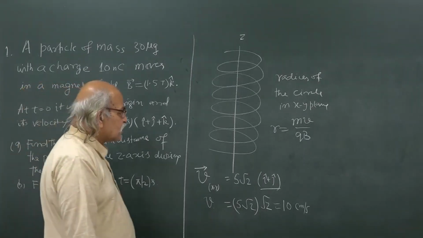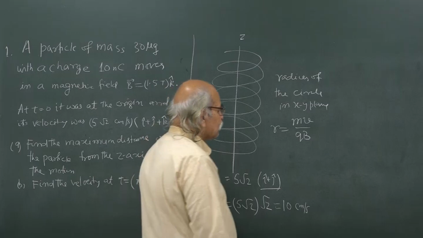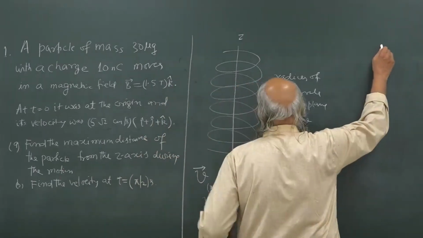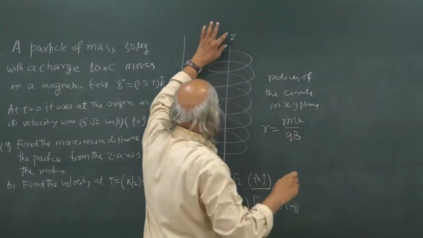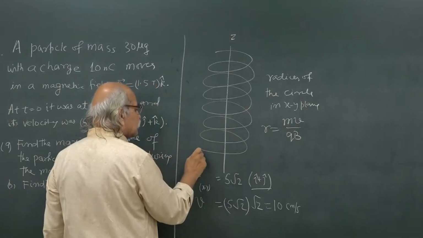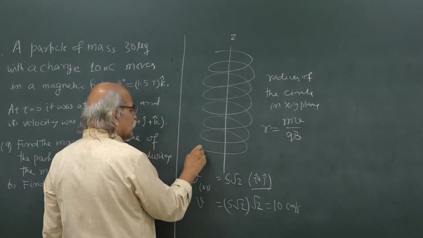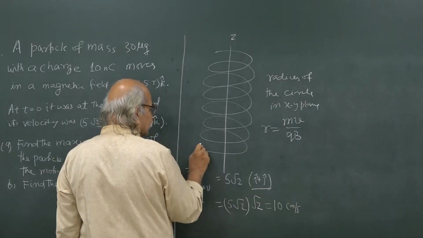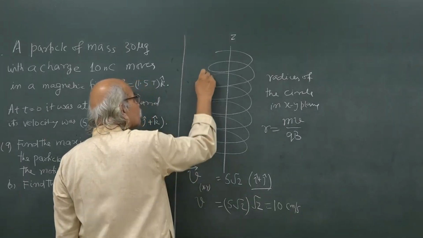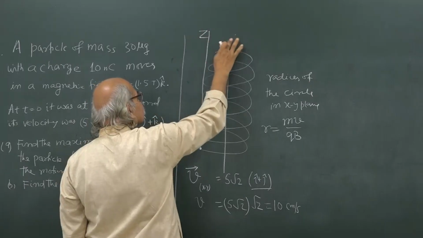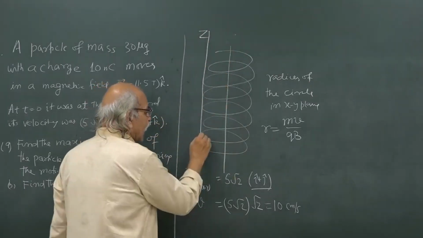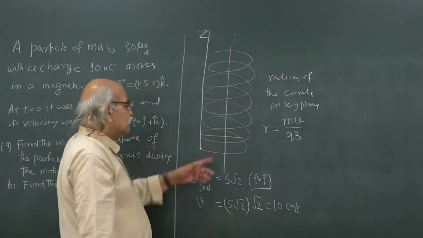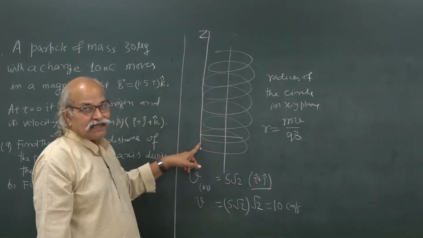Remember this picture is not very good. The particle is projected from the origin. So, the origin is here and therefore, the z axis is like this.